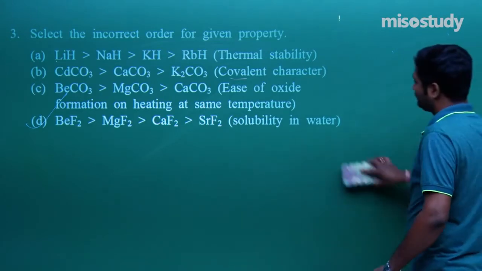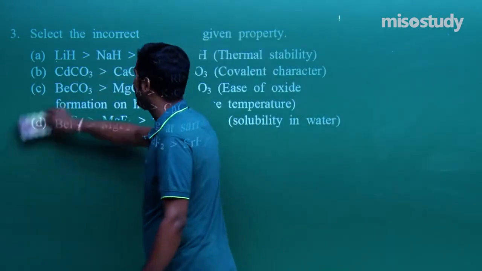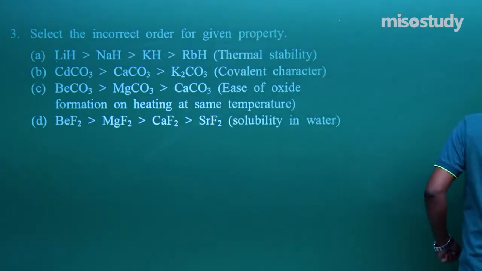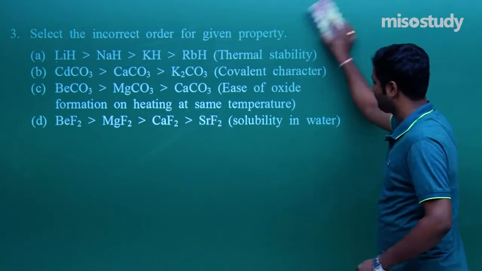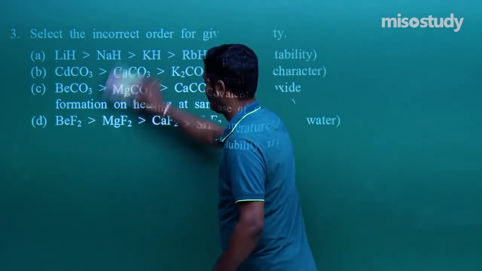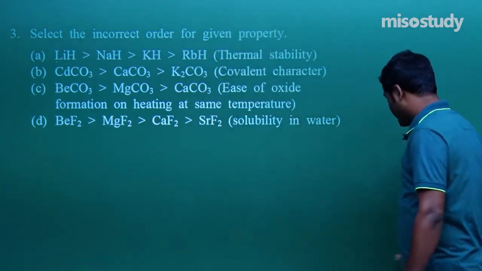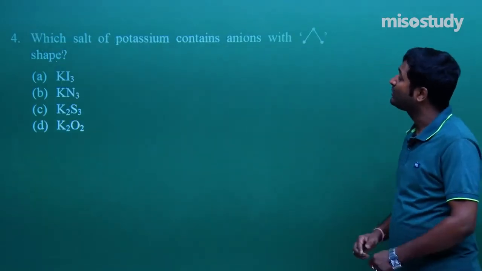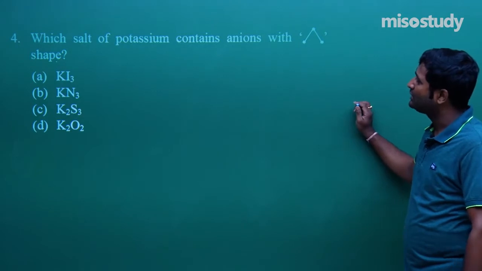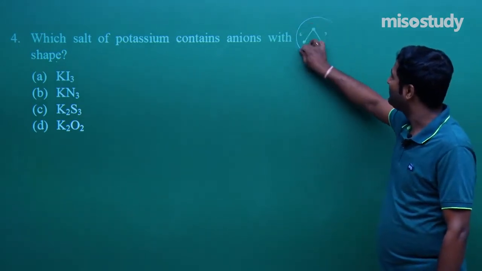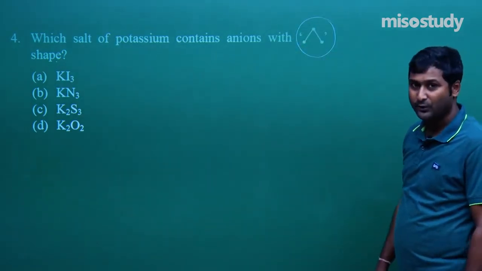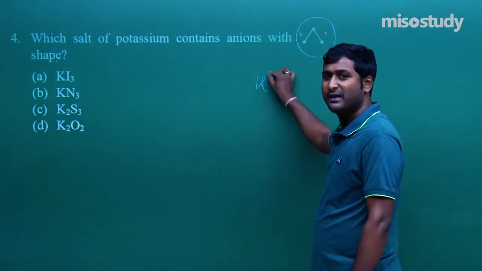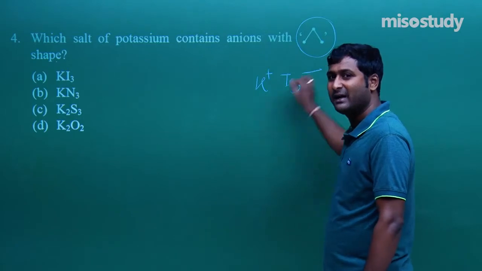Now moving to the next question, what will happen in this case? Now check it out. Next one, question number 4. Which salt of potassium, this is one of the best questions. Which salt of potassium contains an anion of this type? Do you know this? Okay, I'm moving here. If I talk about KI3, that will break like K plus and I3 minus.